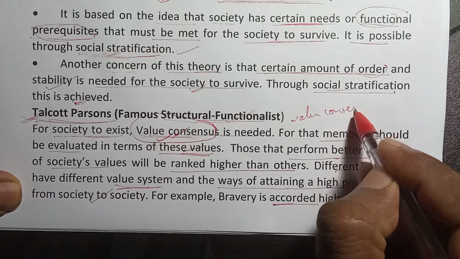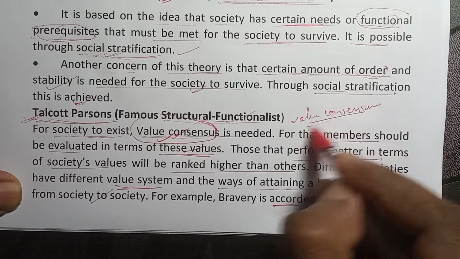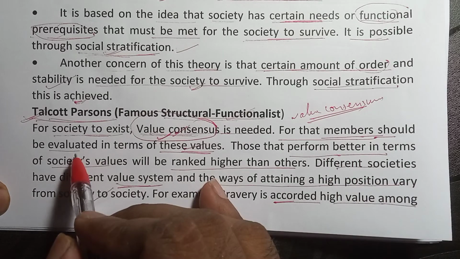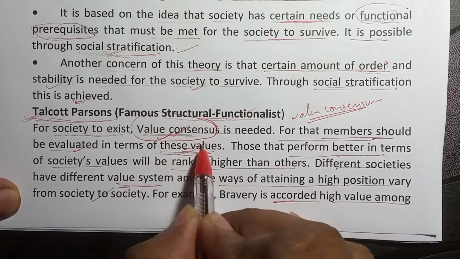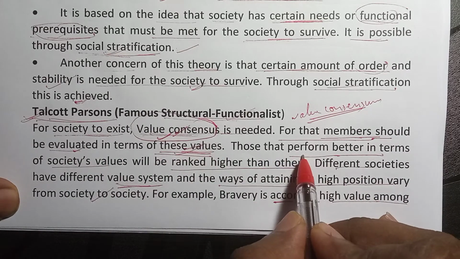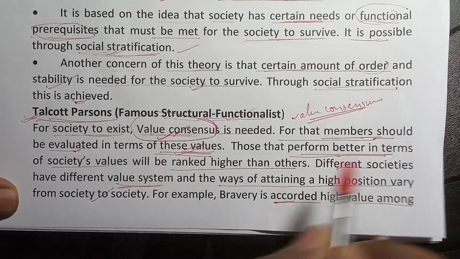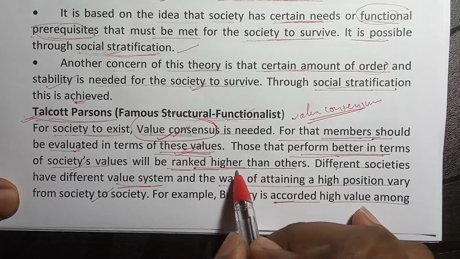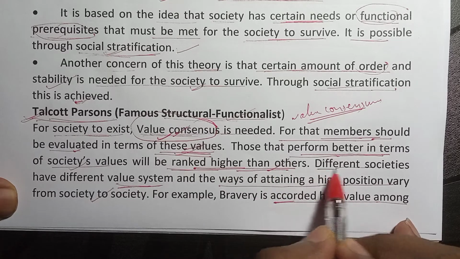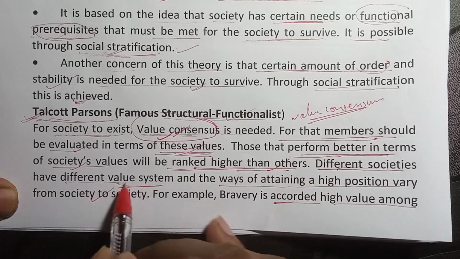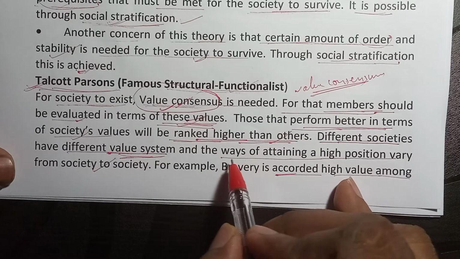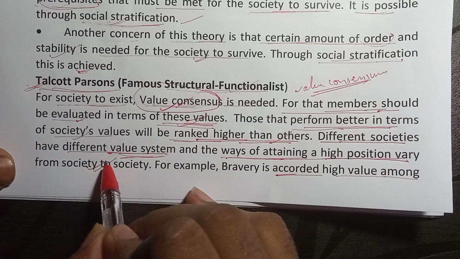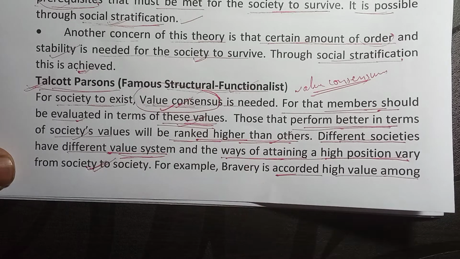So we have to remember these terms. For that, members should be evaluated in terms of these values. Those that perform better in terms of society's values will be ranked higher than others. Different societies have different value systems, and the ways of attaining a higher position vary from society to society.